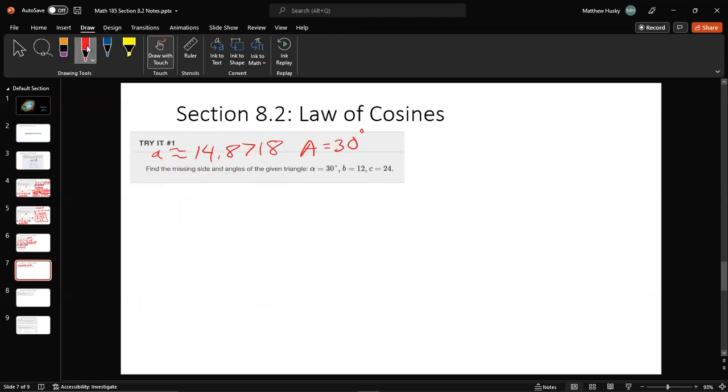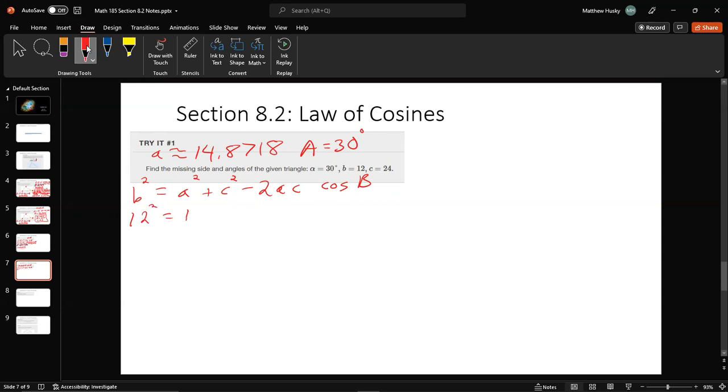So if it's angle B, we need to start with a little b. So b squared equals a squared plus c squared minus 2ac times the cosine of big B for angle B. All right, we happen to know little b, that's 12 squared.